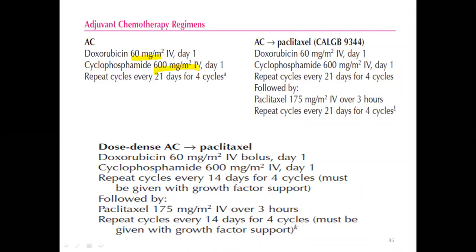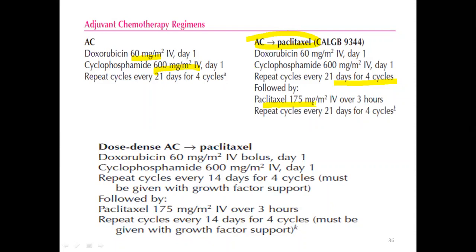Then apart from that, some doctors prefer AC followed by paclitaxel. That means you give 4 cycles of anthracycline and cyclophosphamide regimen. Then after you complete those 4 cycles, that is when you continue with paclitaxel 175 every 21 days per cycle.